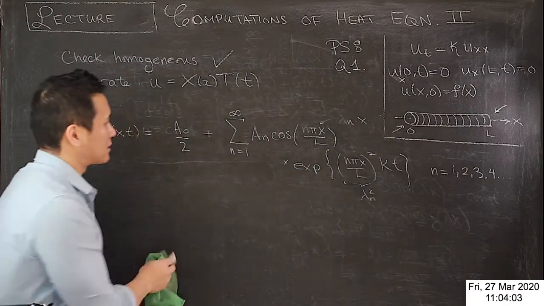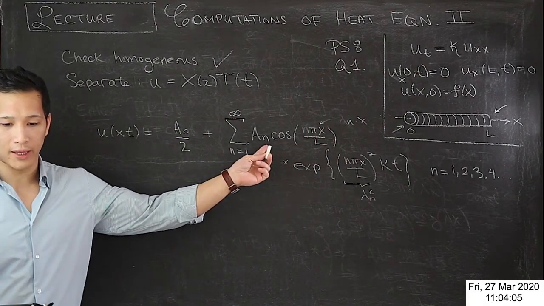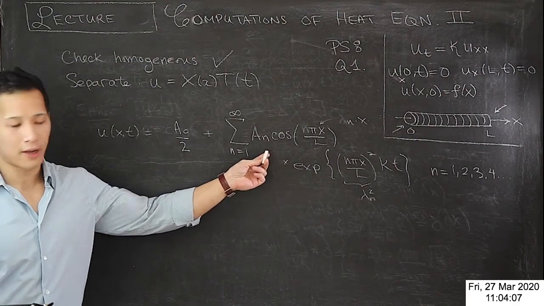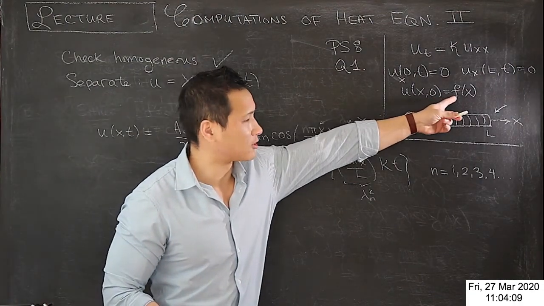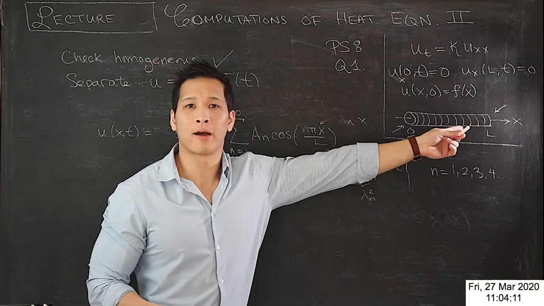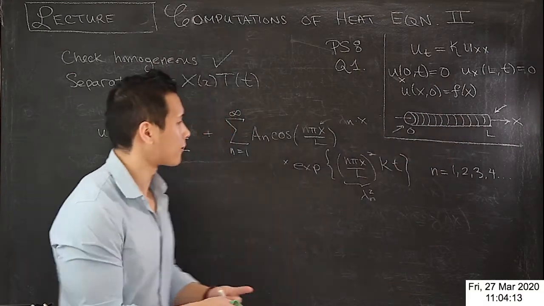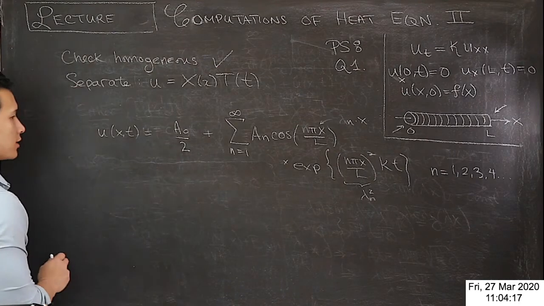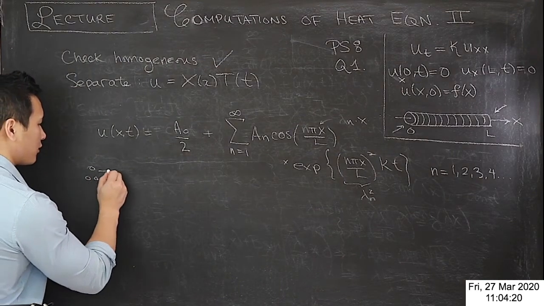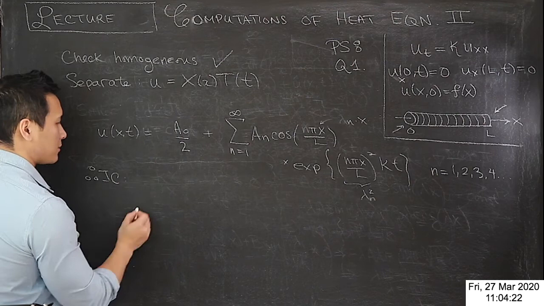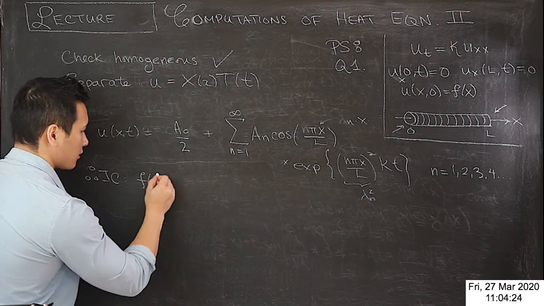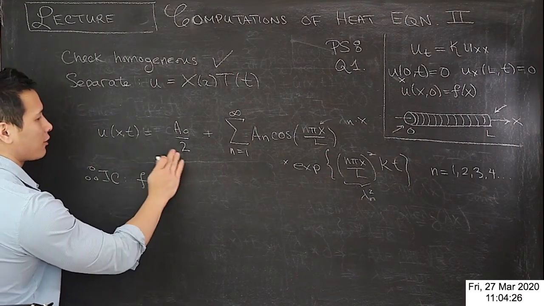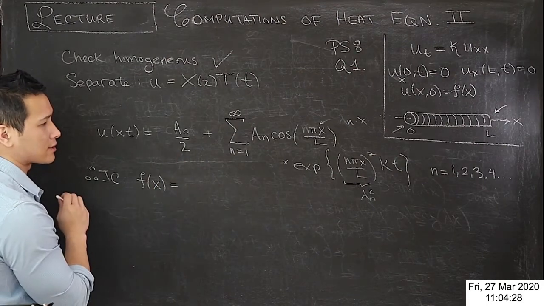The next part asks you to derive an expression for the an's. For that, you have to impose the initial condition and then derive your Fourier series coefficients. So I'm going to impose now the initial condition. The initial condition tells me that f of x must be equal to the value of this expression here at t equal to 0.